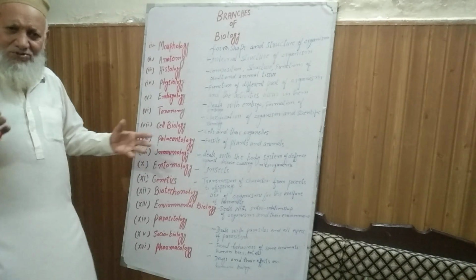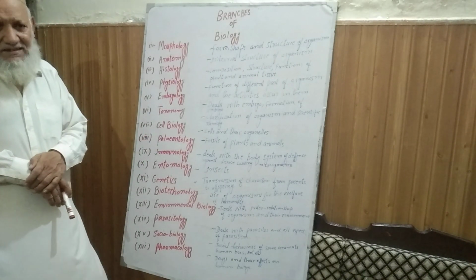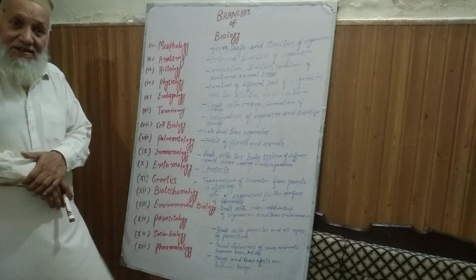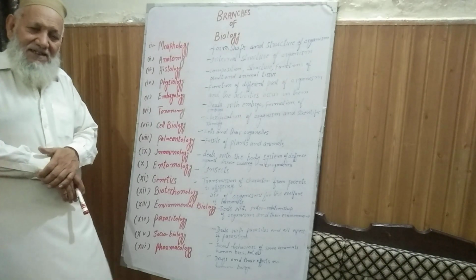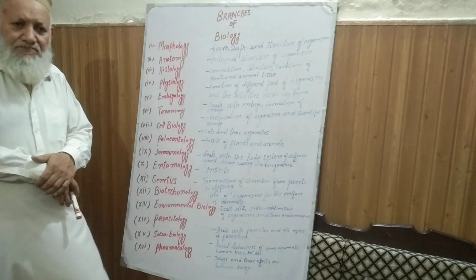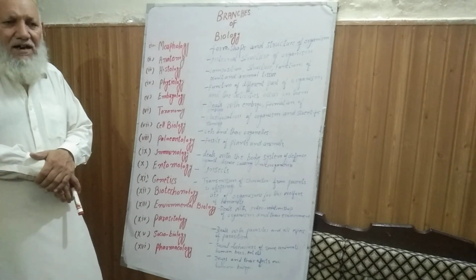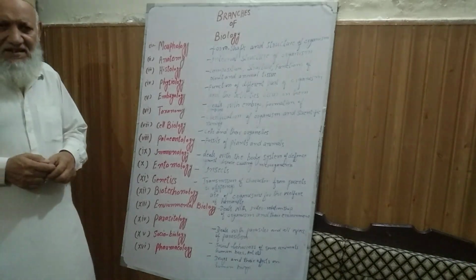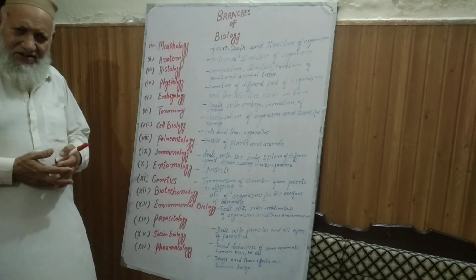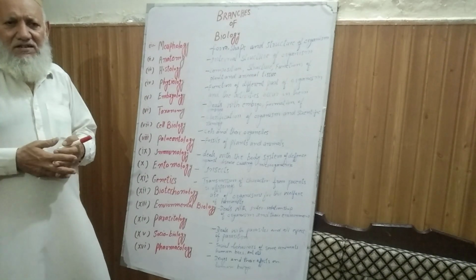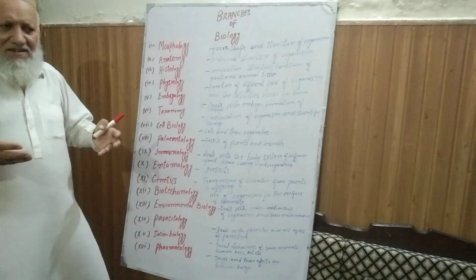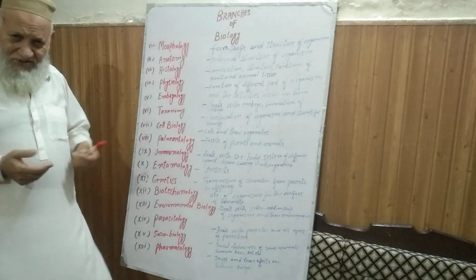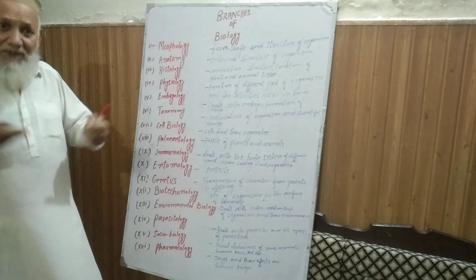Sometimes you have also checked, in day-to-day life, that one variety we cross with another, and we produce new seed. And these new seeds give more production to the farmer.